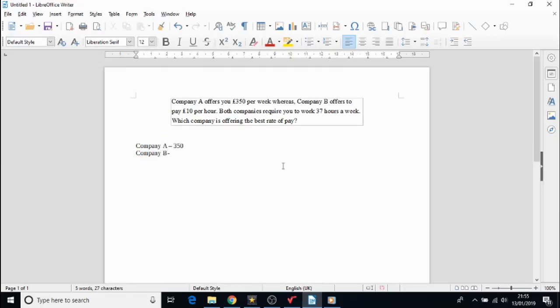offer to pay £10, H representing the hours. So H will be representing the hours a week. It says in the question, both companies require you to work 37 hours a week. So if H is representing hours a week and they require you to work 37 hours a week, therefore H is equal to 37.